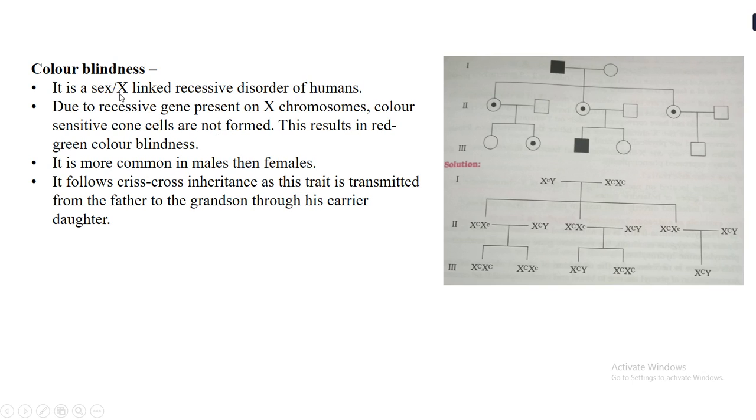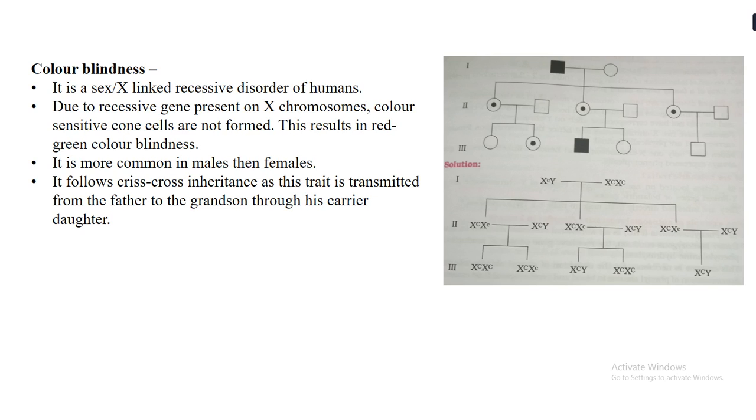This is a sex-linked recessive disorder seen in humans, and due to this recessive gene present on the X chromosome, color sensitive cones are not formed in your eye, and this results in red and green color blindness. This is more common in males as compared to females because it follows a crisscross inheritance.